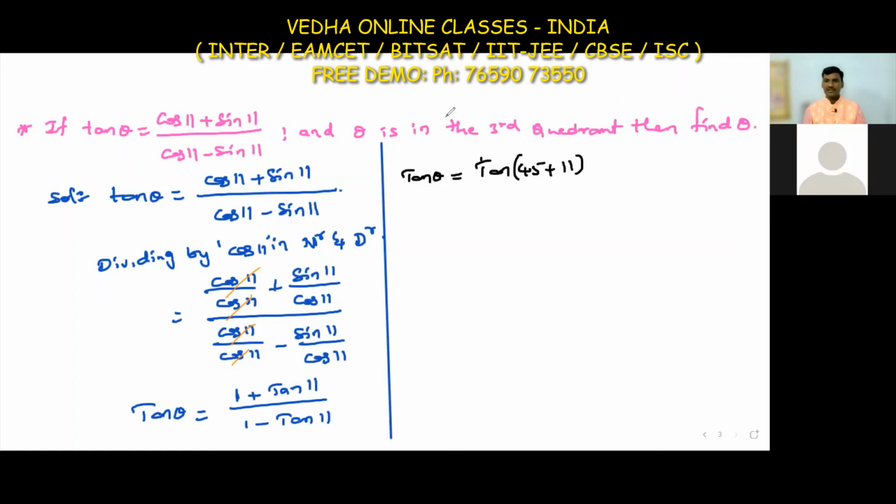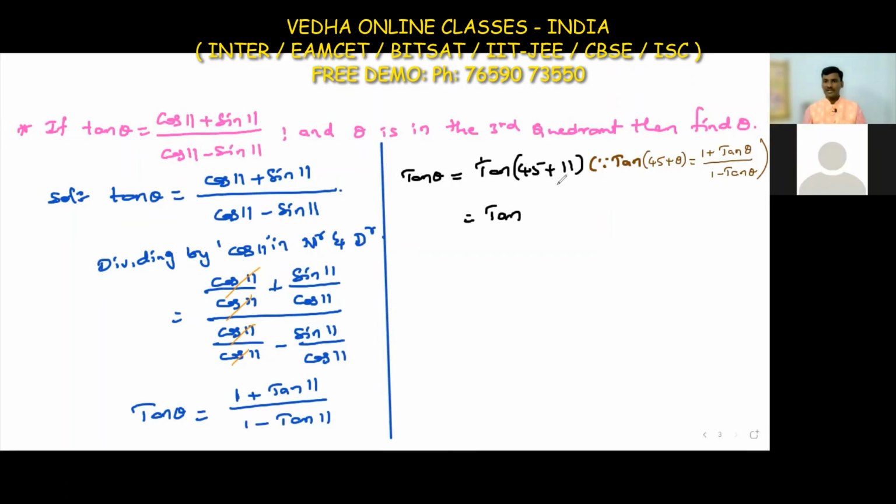So the formula: tan 45 plus theta is equal to 1 plus tan theta divided by 1 minus tan theta. Tan A plus B formula also we can apply. But if we have minus, we get minus in the numerator, plus in the denominator. Now this is equals to tan of 45 plus theta.